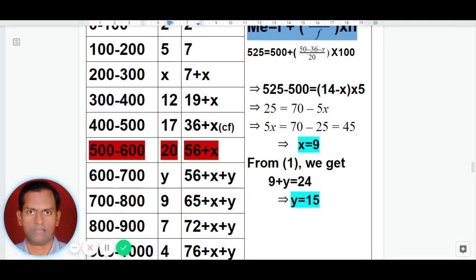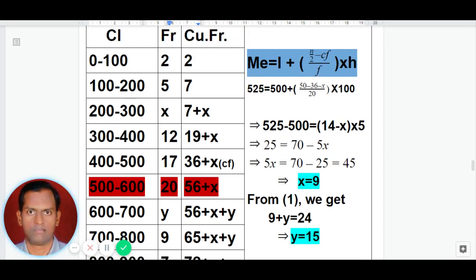Because it is a median class, as median is given as 525, the cumulative frequency CF is the cumulative frequency of the upper class, so CF is 36 plus x.